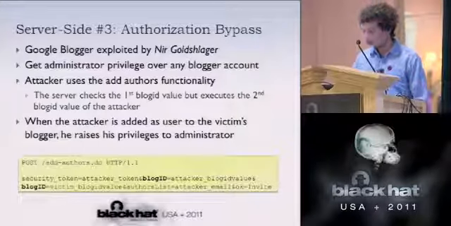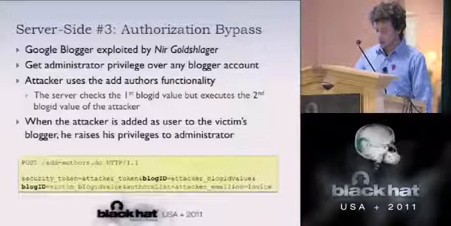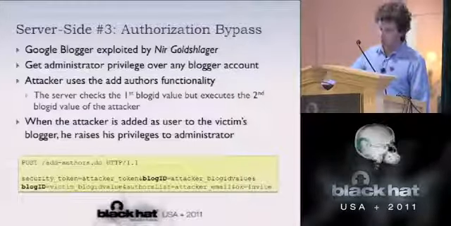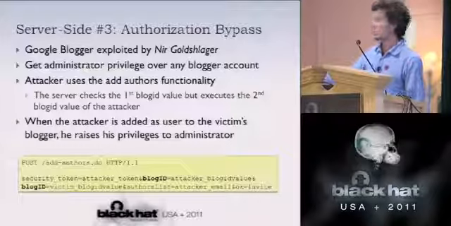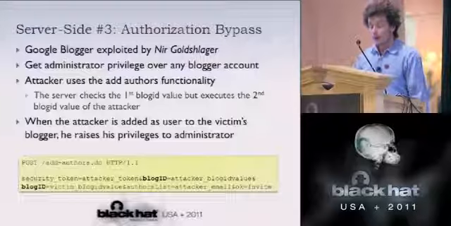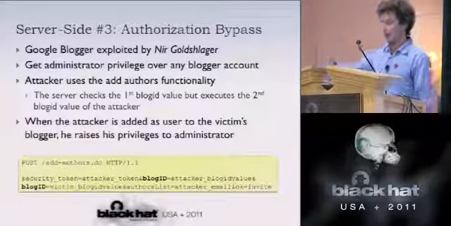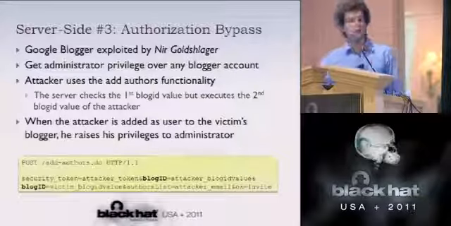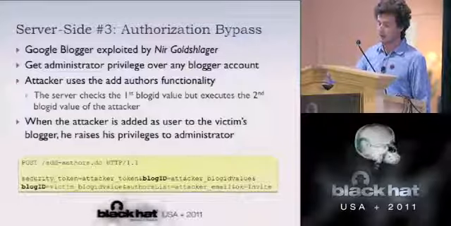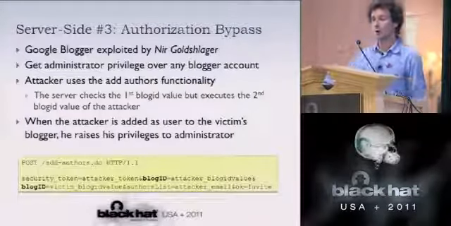The problem lay in the fact that in Blogger you can invite somebody else to be an author for your blog, and the server-side code did not check whether this parameter called blog ID was submitted once or twice.